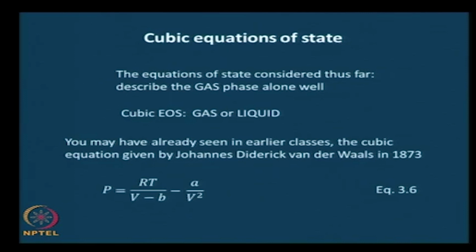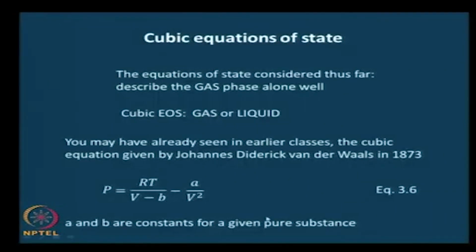Now this cubic equation has the ability to describe the liquid phase because the interactions between molecules are considered in the cubic equations a little better. The A and B, as you already know in the van der Waals equation, are constants for a given pure substance.